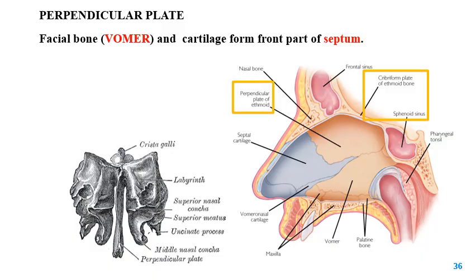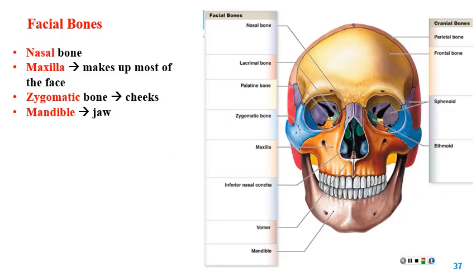Other parts to know here. Okay, perpendicular plate of the ethmoid bone. So here mainly you're going to have the overall naming of your facial bones, and yes, there are lots of bones, but you should be familiar with the ones just by looking at their names and knowing their locations.